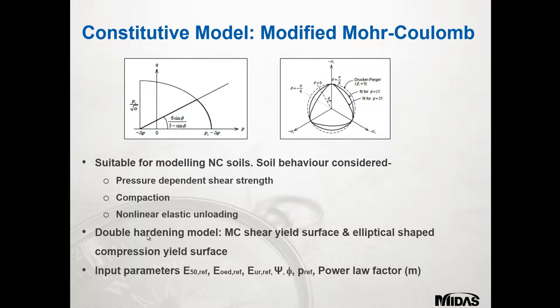The double hardening model, or the Mohr-Coulomb shear yield surface, and elliptical shaped compression yield surface as well. And we also focus on the input parameters, which are the secant stiffness, the oedometric loading and unloading, the dilatancy angle, the friction angle, and the reference pressure.